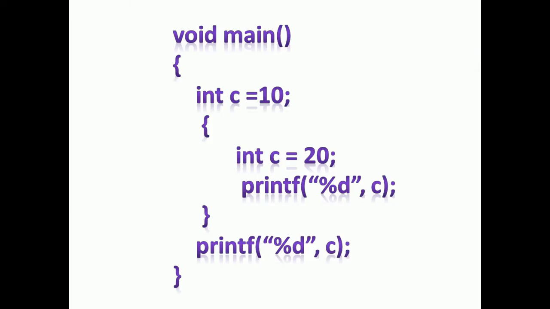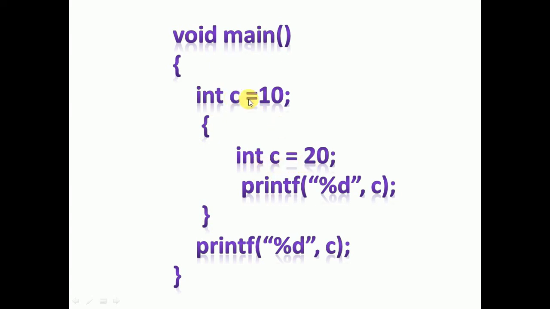See this example. In this program, void main, in the bracket I wrote int c is equal to 10, and I closed this bracket out here. Okay, and after this line I again made a new bracket and I closed this bracket here. In this bracket I again wrote int c equal to 20.